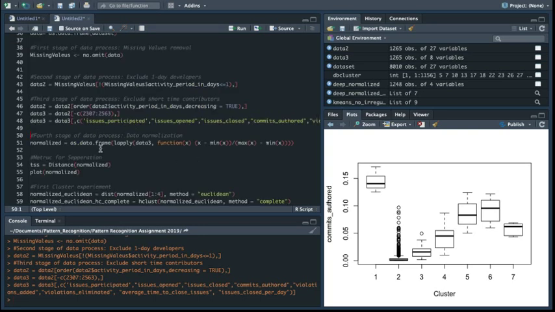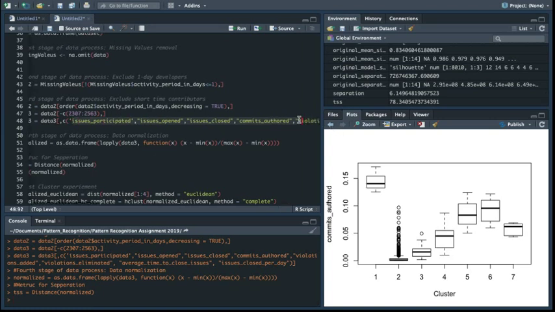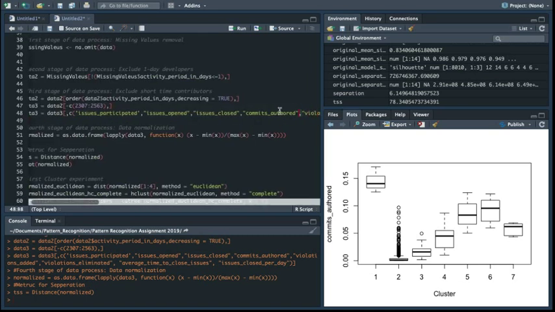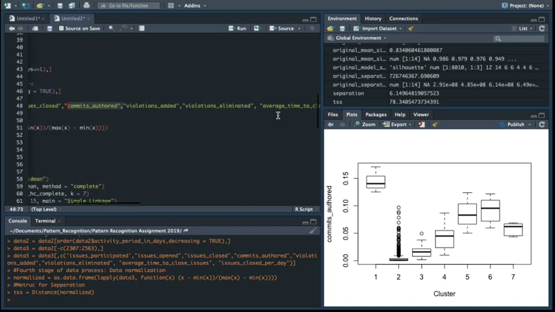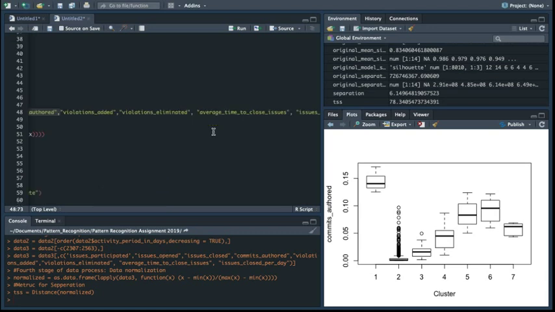So with the first 4 metrics we classified our developers, and with these other 4 we are going to evaluate his job.